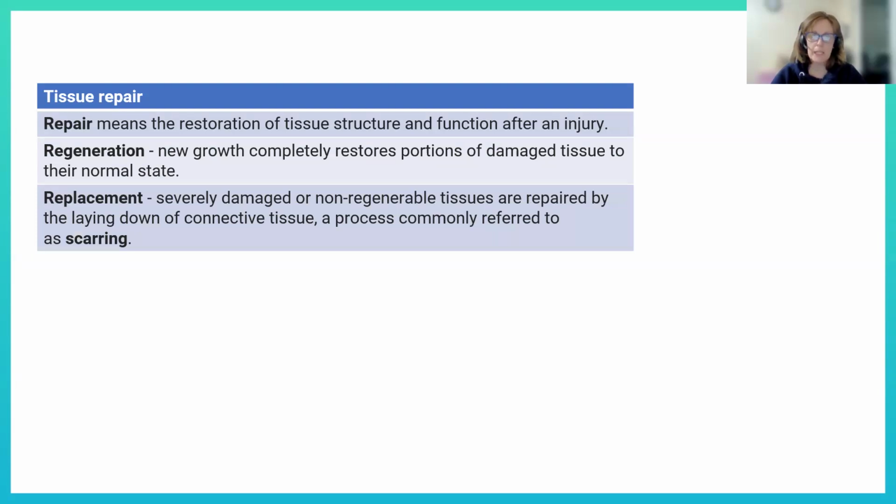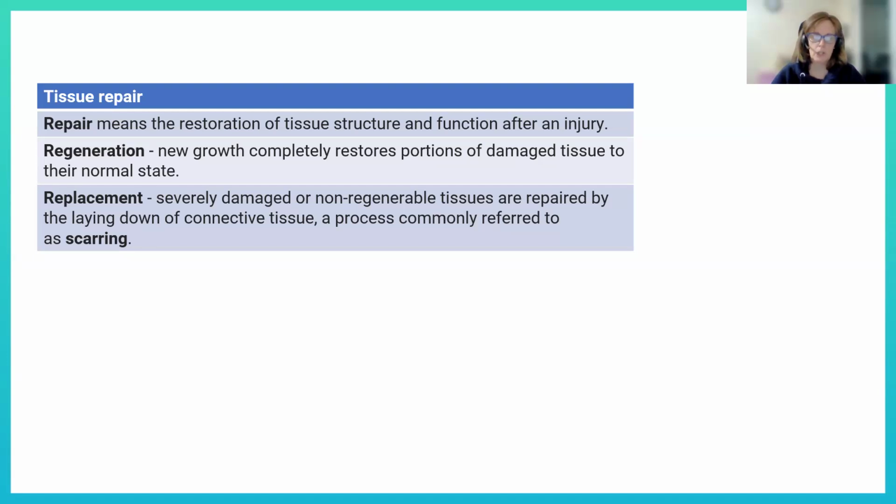And this is where severely damaged or non-regenerable tissues are repaired by the laying down of connective tissue in a process that we refer to as scarring. So you might get a cut where you don't get a scar, depending on the type of cut of your skin, or you might get a cut where it's taken a layer of skin off or gone deeper into the tissue where you do get scarring.